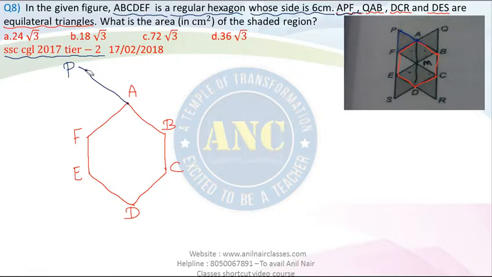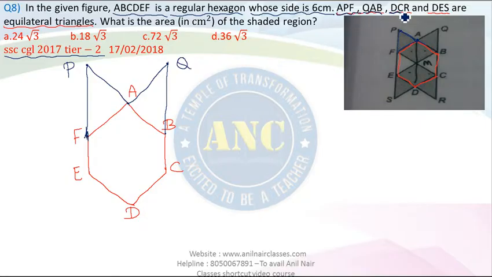Let me erase it and draw it one more time. So APF is an equilateral triangle. That means if I put a point here, so APF, this is an equilateral triangle. QAB, where is Q? Okay, Q is not yet mentioned. QAB, this point is Q. QAB, this is another equilateral triangle.